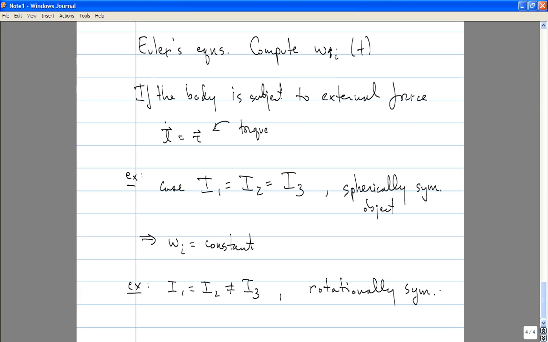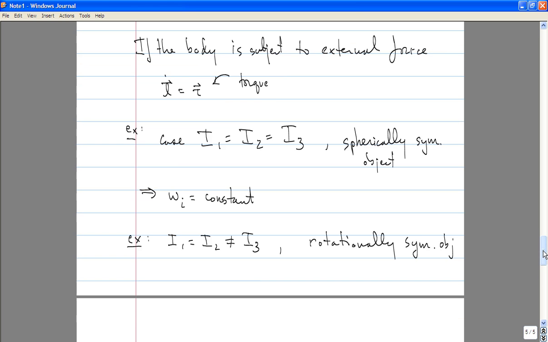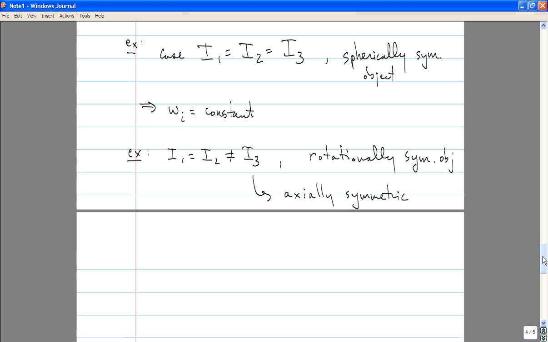So indeed, examples of objects with two equal moments of inertia include those which are axially symmetric. For this reason, an object which has two equal moments of inertia is usually called a symmetric top.